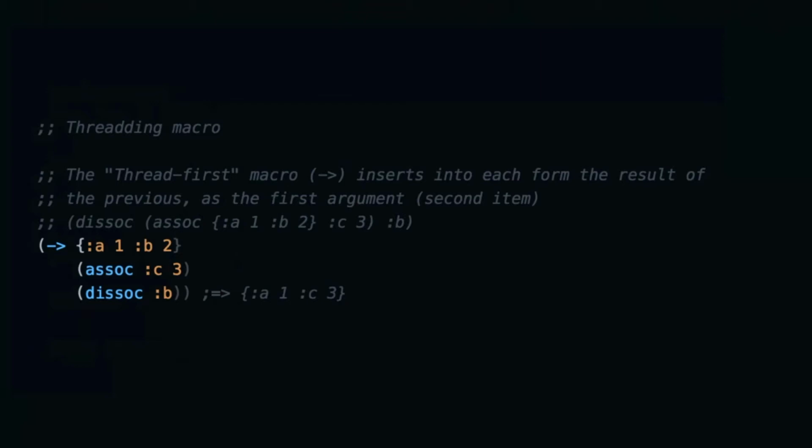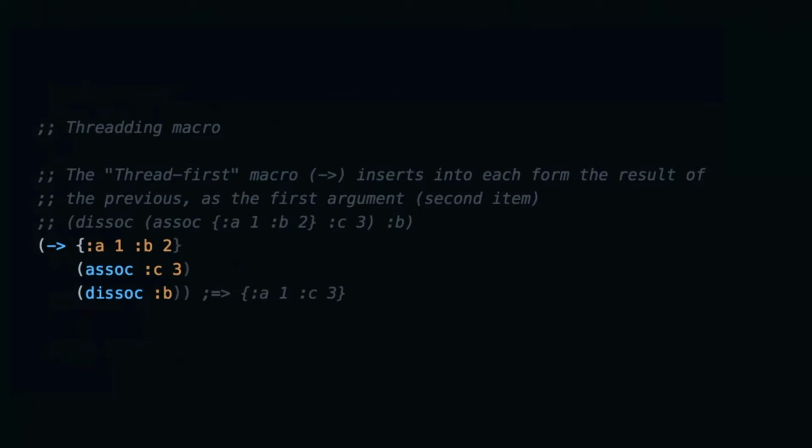You can basically create new syntax. The most used macros in Clojure are the threading macros. These are very, very nice. In this situation, we would thread the first argument, in this case a map, and it would be passed as the second argument to each function in the function chain.